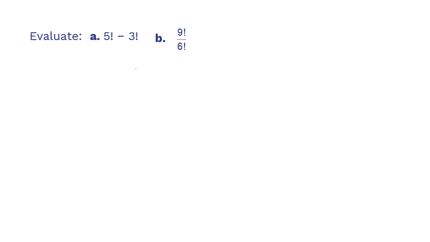So let's say we have 5 factorial minus 3 factorial. So for 5 factorial, we're going to start with 5, and then we multiply all the way to 1 going down. So 5 times 4 times 3 times 2 times 1. So that would be your 5 factorial. And then 3 factorial would be 3 times 2 times 1.